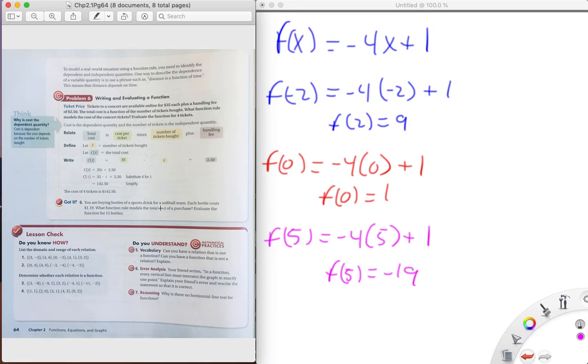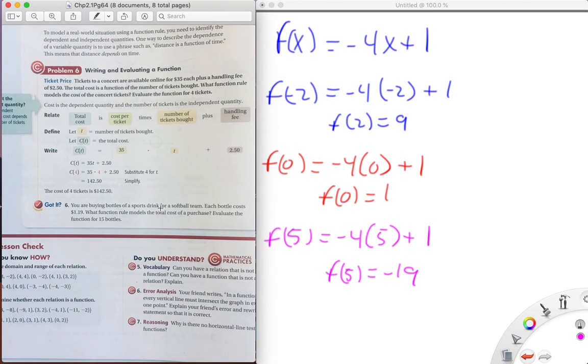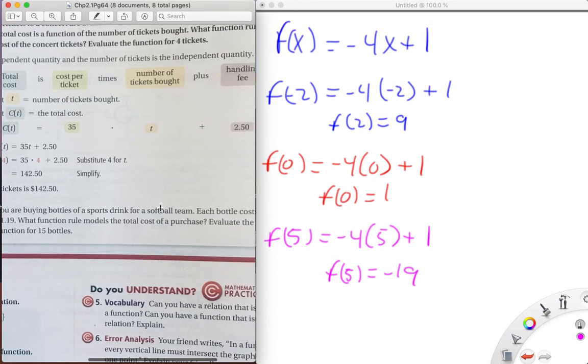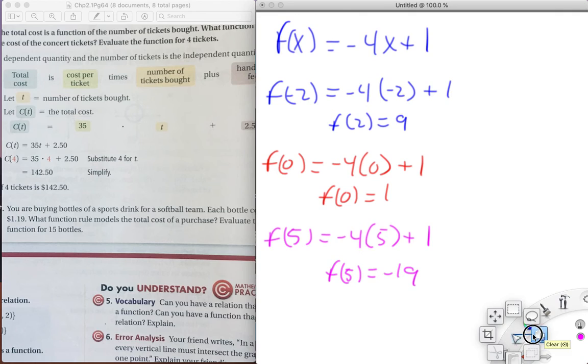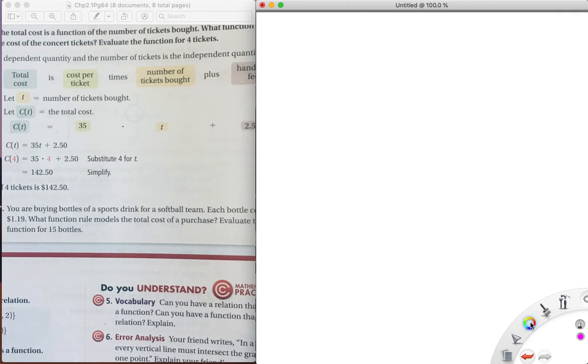Writing word problems. So word problems, you just have to sort of rewrite them. I like to rewrite my word problems. So I'm buying sports bottles, and it says the cost is $1.19 for each bottle. So if I was thinking about this, what do I have and what does the problem want me to solve?